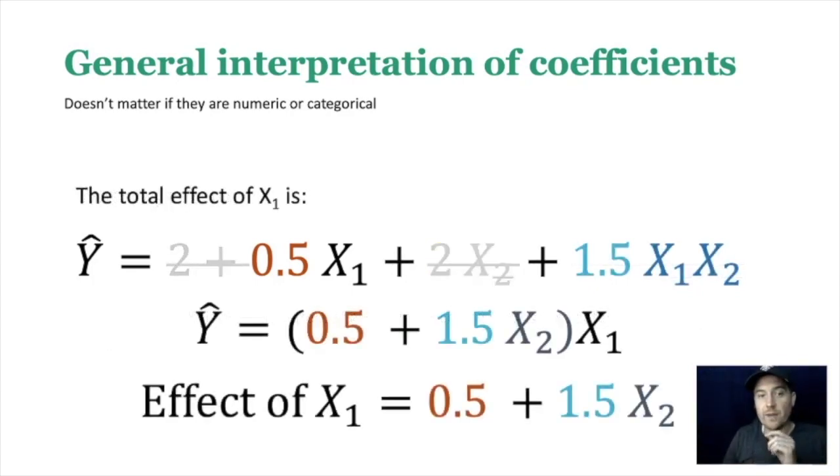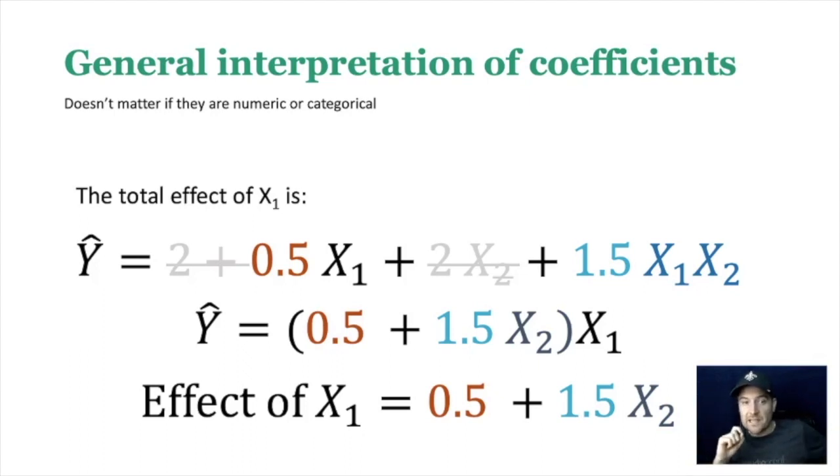So the effect of x1 ends up being everything that's tied to x1, but we just drop the x1. There's a reason why, and it's due to calculus. We're going to talk about that more in nonlinear relationships, but right here, just note that the effect of x1 is 0.5 plus 1.5 times x2. So all we did was drop x1 from the places that we pulled it from.